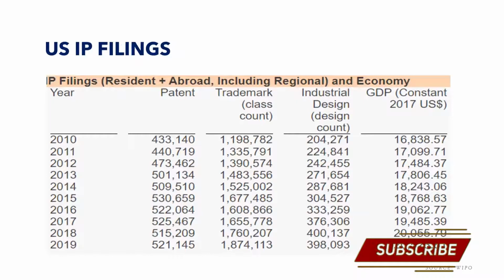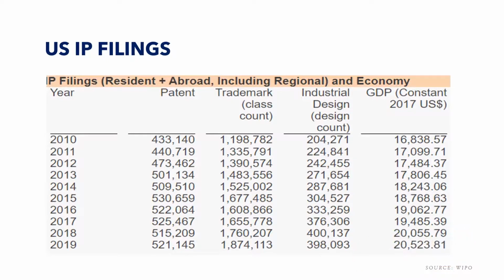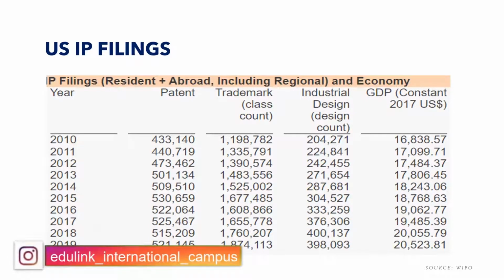Now look at the States, okay? We're talking in millions and hundred thousands, right? In 2010, they had 433,140 patents and trademarks, 1.1 million, nearly 1.2 million, right? And in 2019, you can see for them, it's constant.